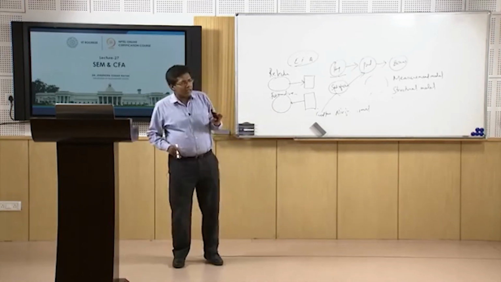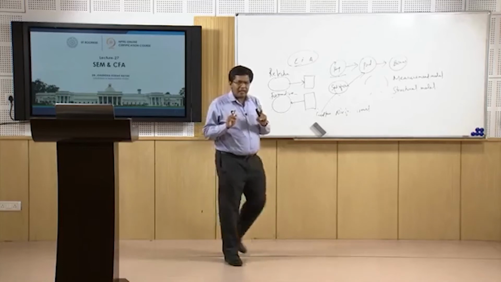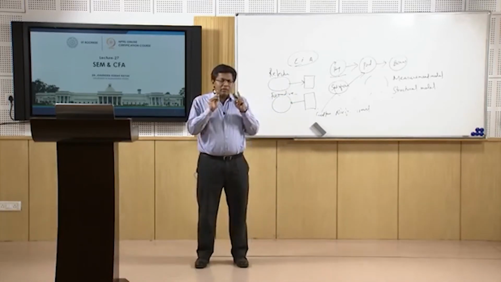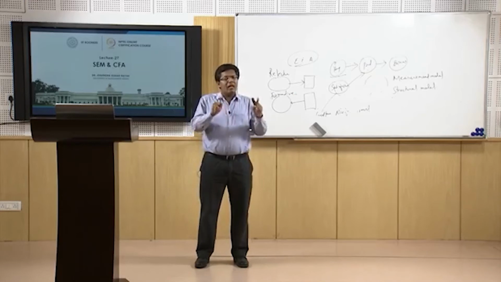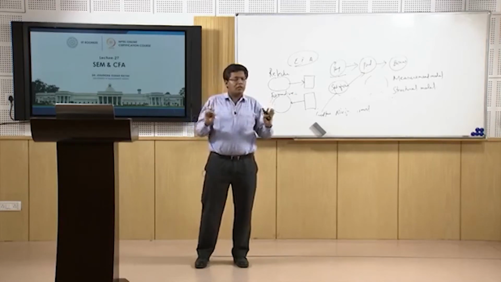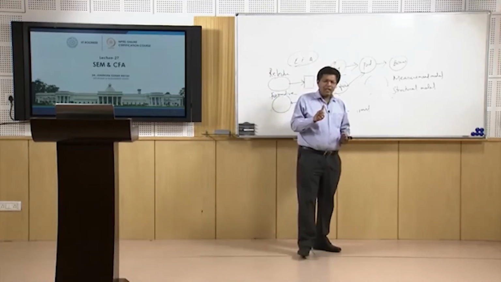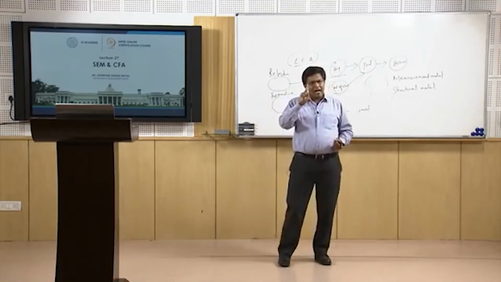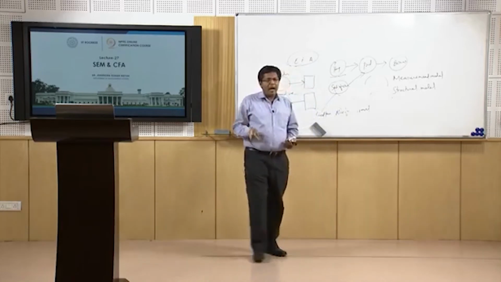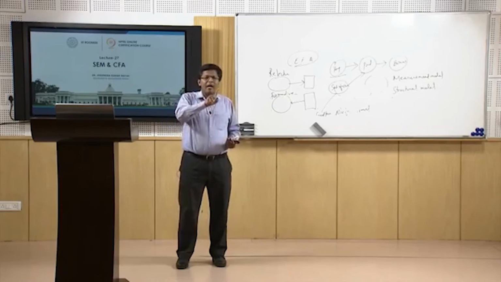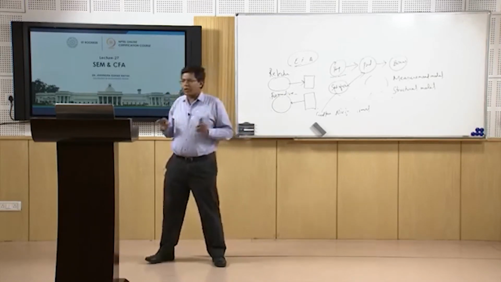In the measurement model the only intention lies in establishing the fact that the variables identified are actually measuring the construct, that is all. So in the measurement model we say that the variables are actually measuring the construct, and in the structural model we say that there is a relationship and we are trying to find that relationship among the constructs. Okay.